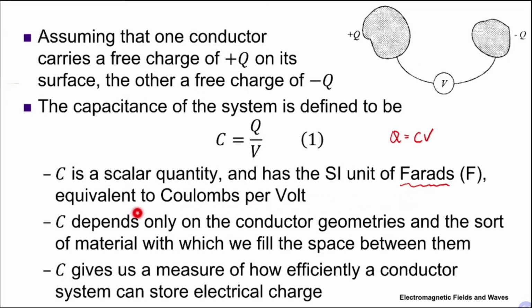The value of the capacitance tells us how well that system can store electrical charge. So a capacitor with very high capacitance can store more charge compared to a low-value capacitor.